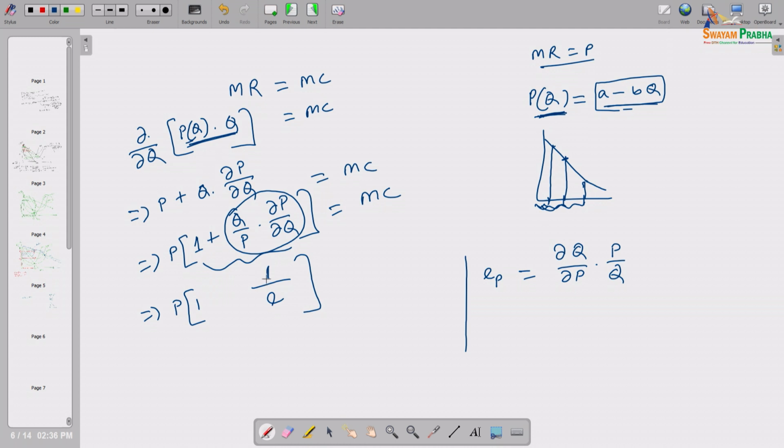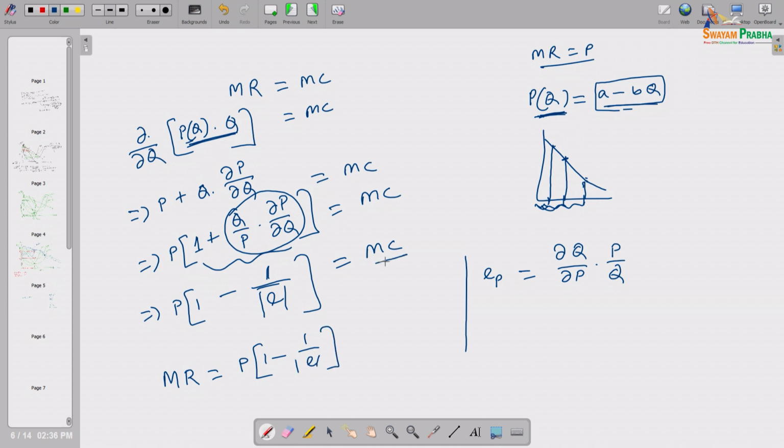So, I am writing 1 upon E. Since the demand curve is downward sloping in the usual case, del Q by del P is negative, right. So, the elasticity value is always negative. So, if I write the absolute elasticity value, I can write this with a plus sign, without the negative sign, okay. So, basically that equals MC. So, we are getting MR equals price into 1 minus 1 upon E, with E in absolute value, right.